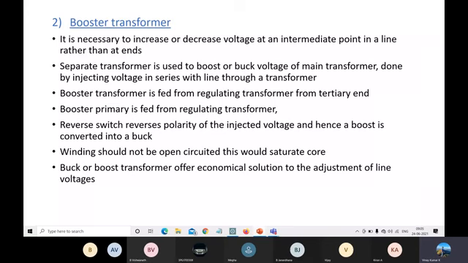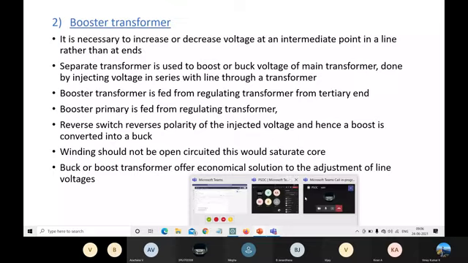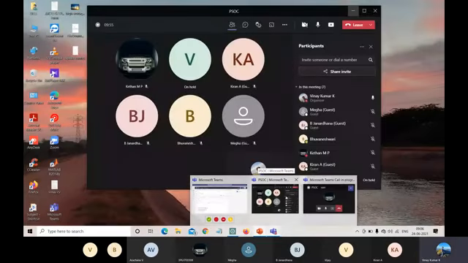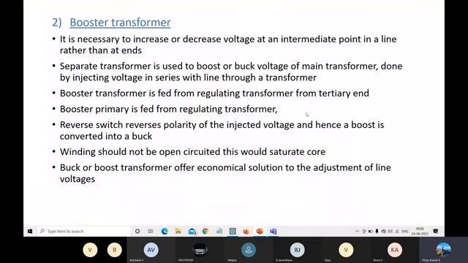Instead of using voltage control or improvement of voltage at the receiving ends, we can use the boost transformers in order to increase or decrease the voltage levels. Why are we interested in the intermediate transmission line? Because we have to concentrate on the minimization of transmission and distribution losses as well. If we use boost transformers or buck transformers at the intermediate point of the line, we can minimize the losses, and also we can control the voltage signals.